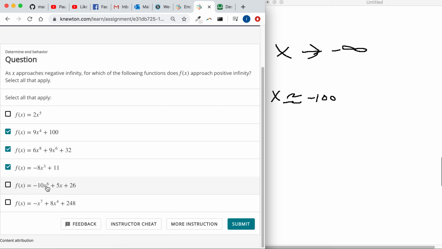Now here, if you plug in negative 100, it's an even power, so it gives you a really big positive number, but a positive number times a negative number gives you a really big negative number. So that goes off to negative infinity. And then here, negative 100 to the 7th power gives you a really huge negative number, but a negative times a negative gives you a positive, so that goes off to positive infinity.